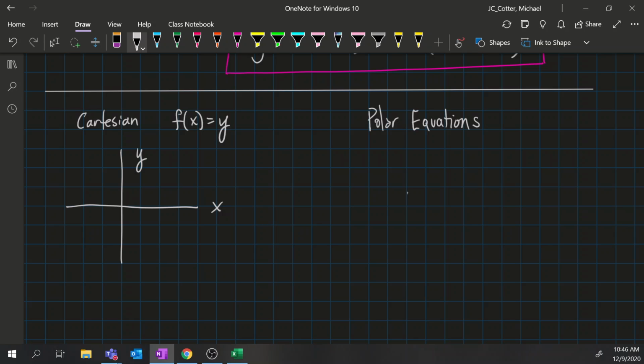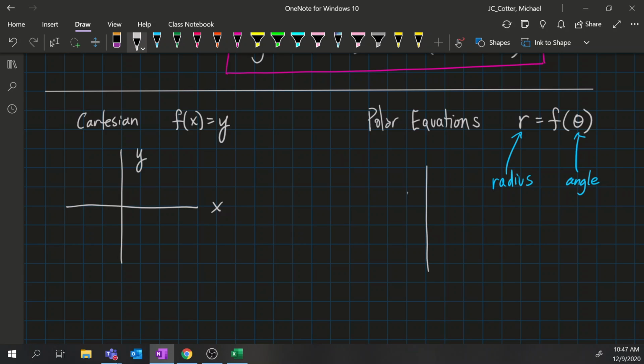All right, and just above we covered the parametric equations where we have y is a function of t and x is a function of t. For polar equations, we're going to say that r is a function of theta, okay? And r is a radius, and theta is an angle, okay? So polar equations are going to be for curvy, circular-looking things because we're interested in angles and radiuses.